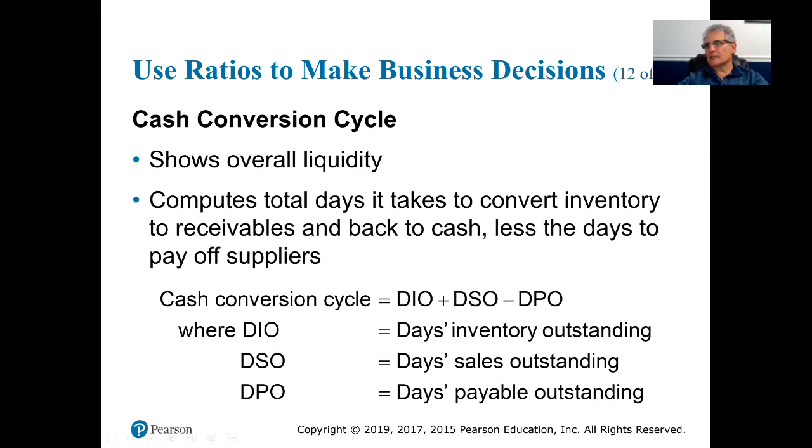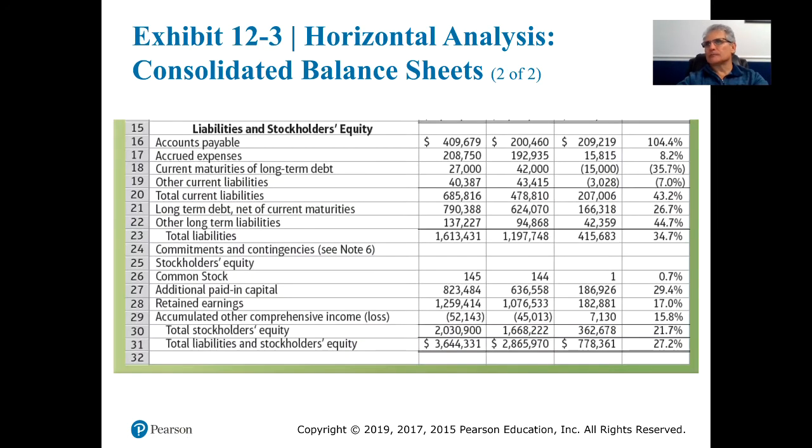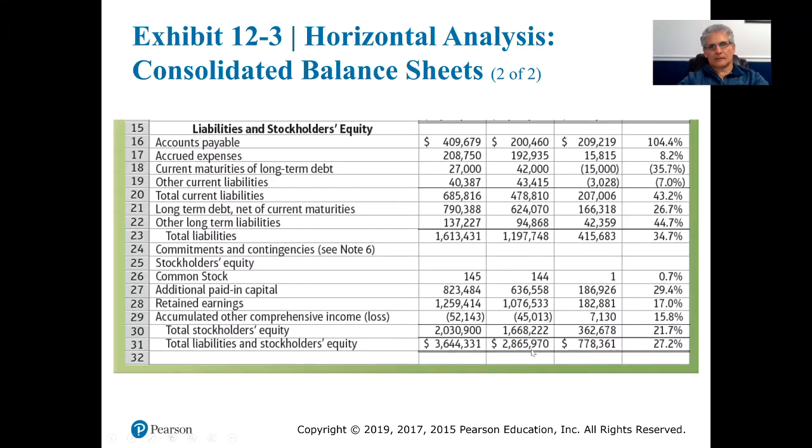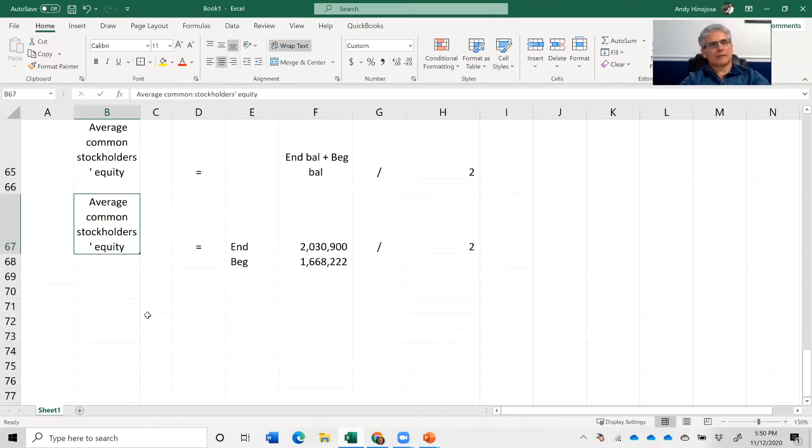Slide number 12. Total stockholders' equity. Ending is 203,900. Beginning balance is 1,668,222. Continue with our computation.